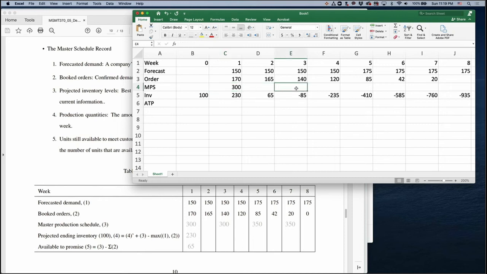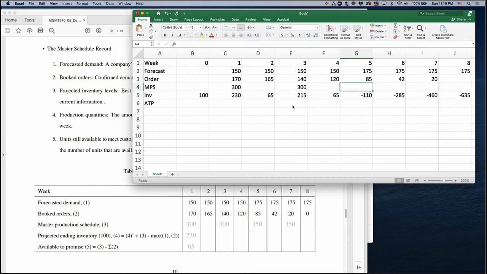You need to know that in period 3 you have a negative inventory, so you can produce again. How much? You want to cover 2 weeks, not only 1 week, so we can produce this. At period 5, you have a negative inventory, so you have to build a new master schedule.